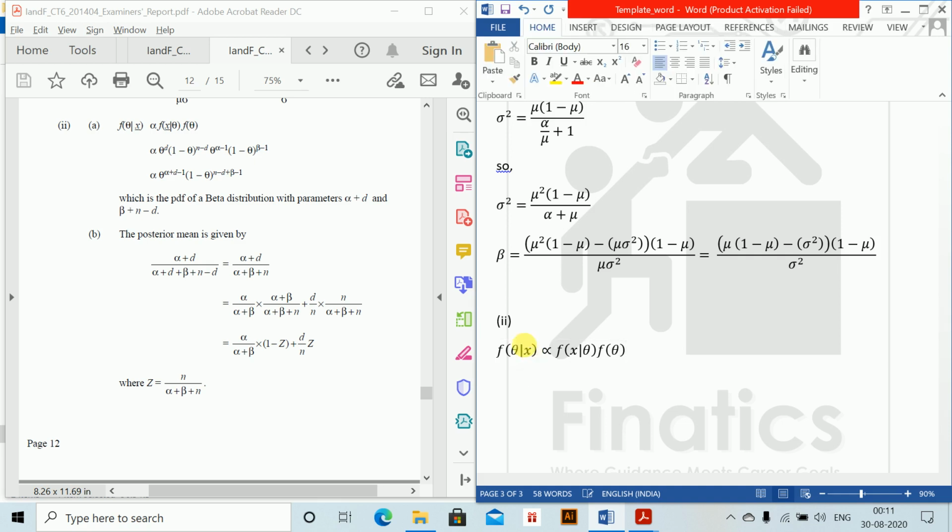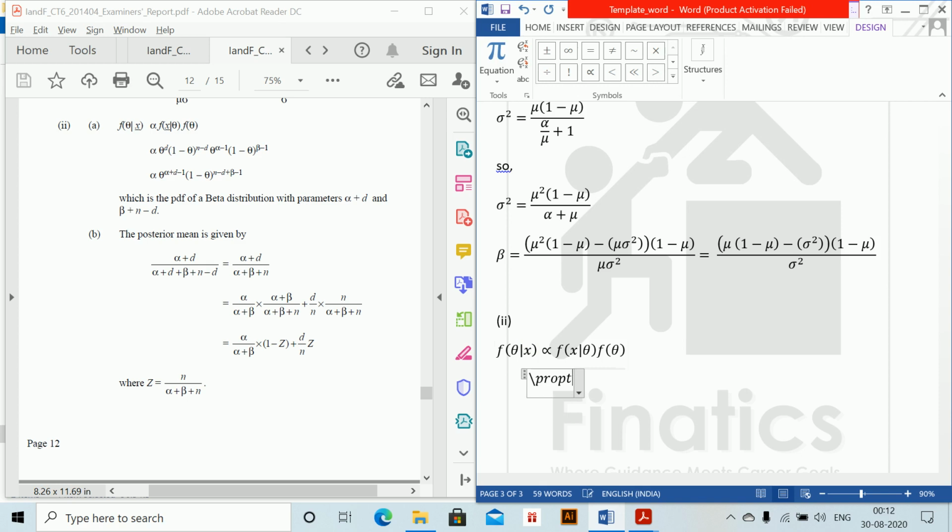Next line, equals proportional to θ^d (1−θ)^(n−d) θ^(α−1) (1−θ)^(β−1).